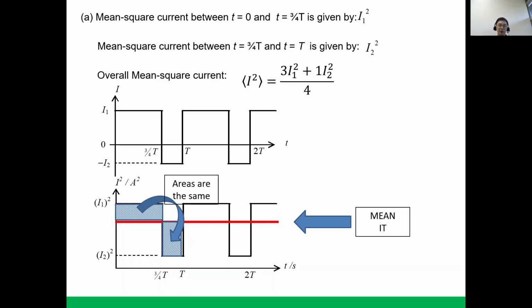These two areas must be the same for it to be the correct mean value. So I presented to you a mathematical way, but I also presented the graphical way. It is important because later on you realize that you need the graphical method to understand the mathematical equations.